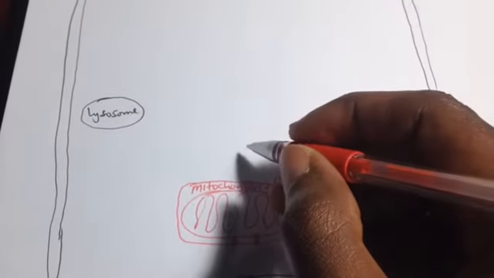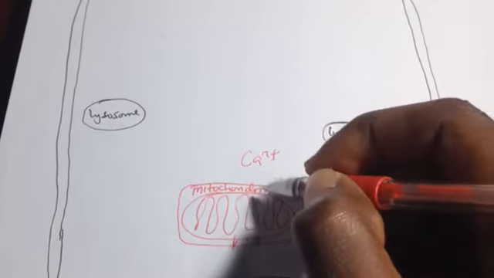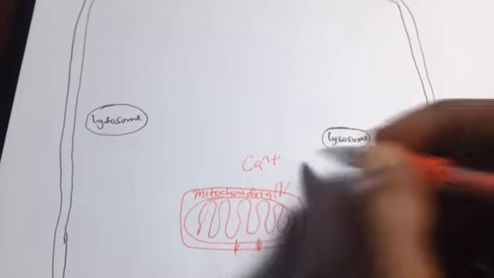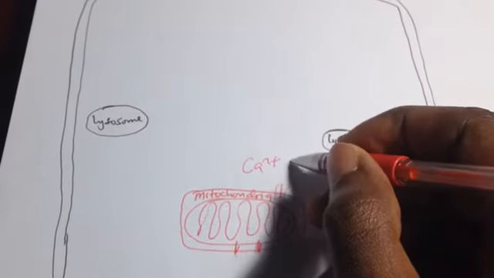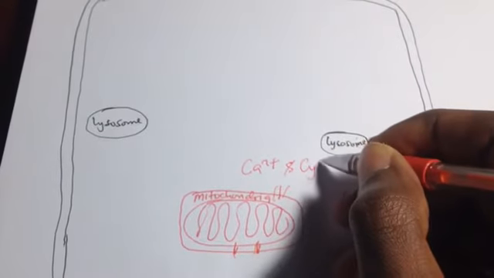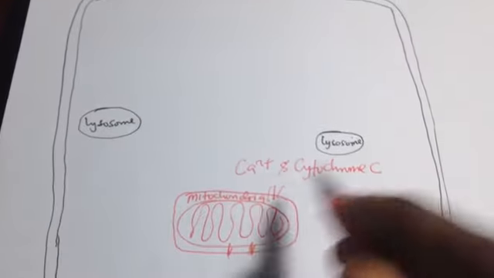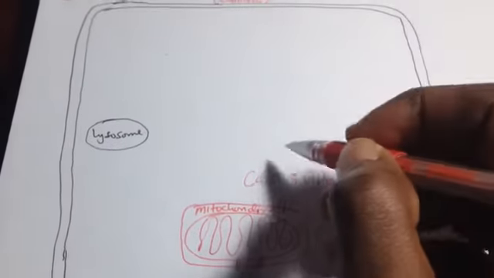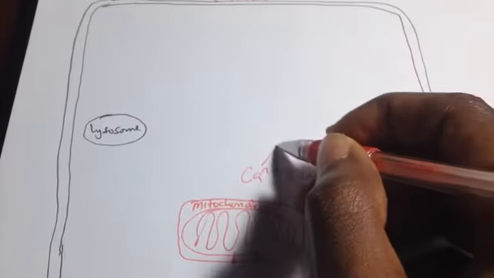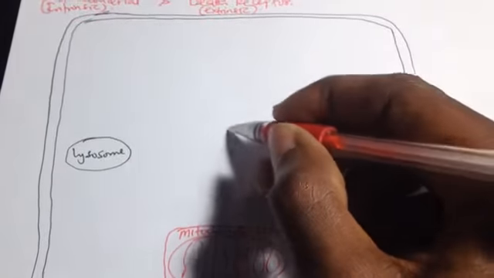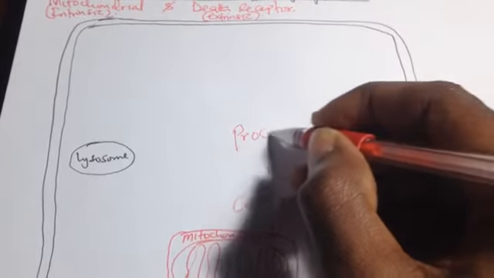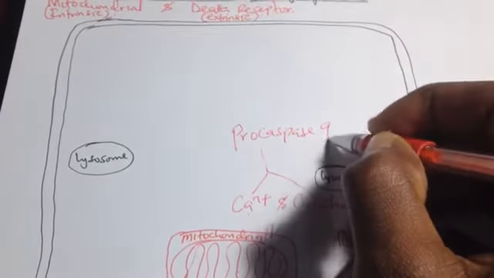Most importantly, calcium will leak out, because in the mitochondria we have calcium, and also we have another protein called cytochrome C. This calcium and cytochrome C will then associate themselves and activate a protein called procaspase 9.